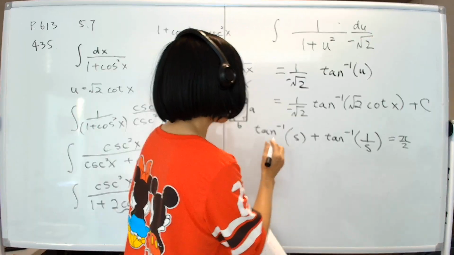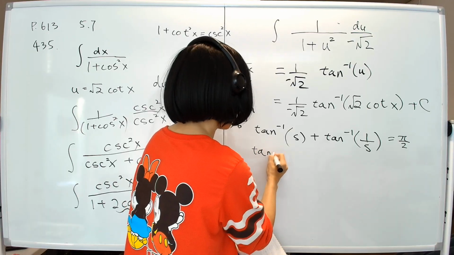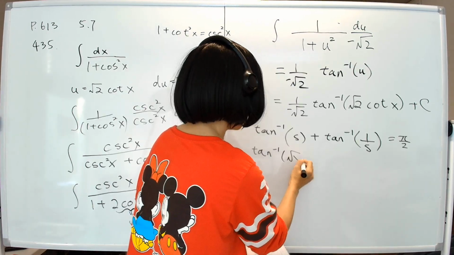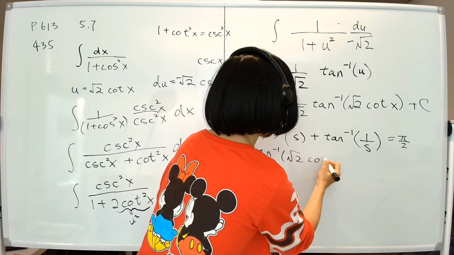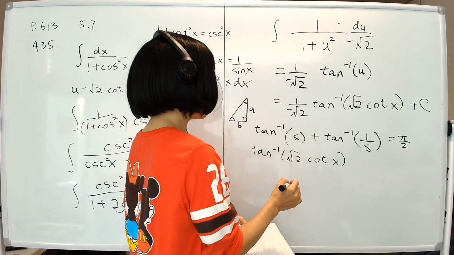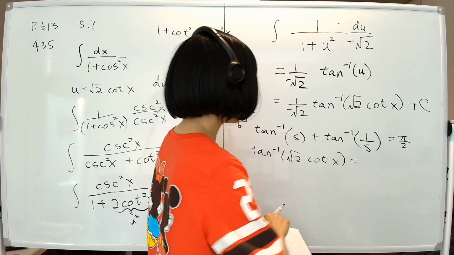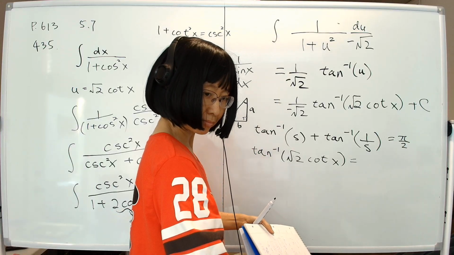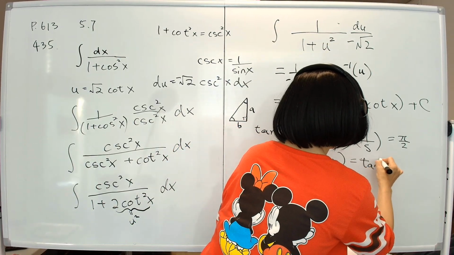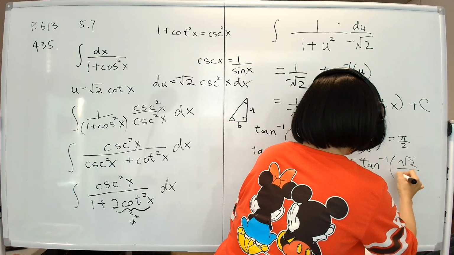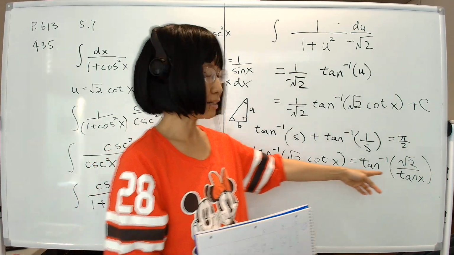So therefore, just looking at this part, the tangent inverse of square root of 2 cotangent x, this thing equals, you flip it around, tangent inverse of square root of 2 over tangent x, because cotangent is 1 over tangent.